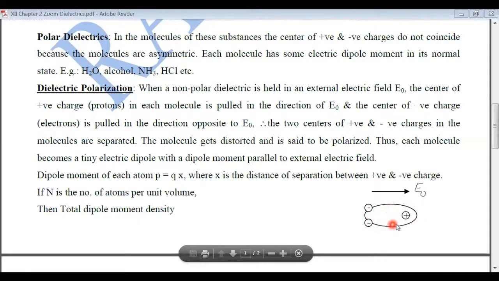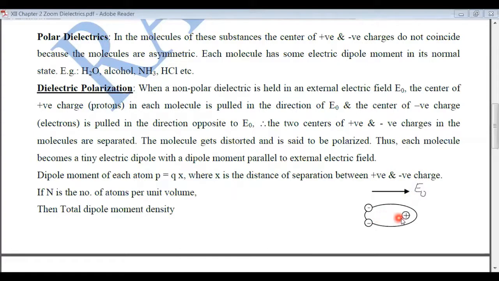That is, it now has some dipole moment. This phenomenon is called dielectric polarization. Thus each molecule becomes a tiny electric dipole with a dipole moment parallel to the external electric field. Why? Because we know that dipole moment is from the negative to the positive charge, which is along the direction of E0.